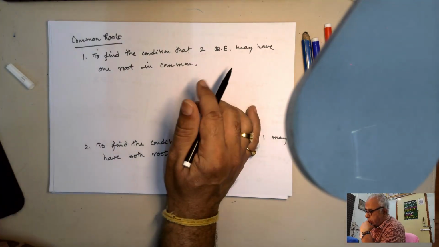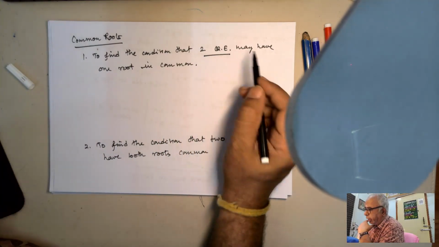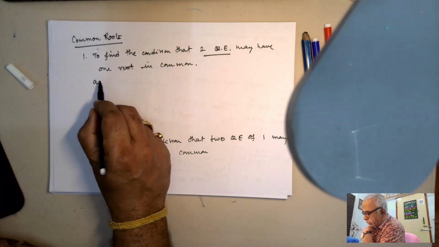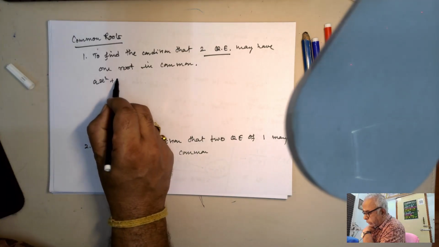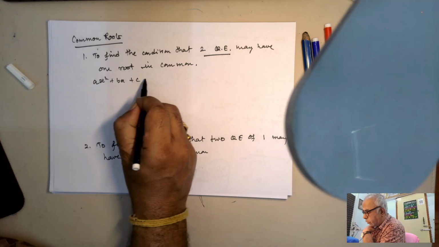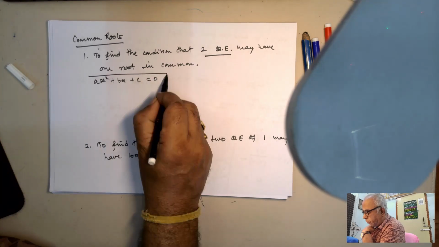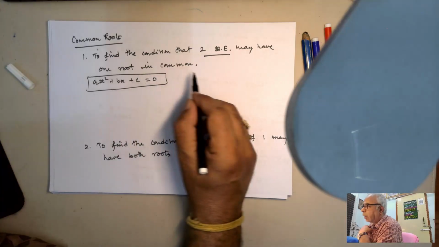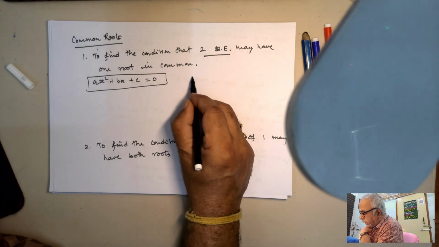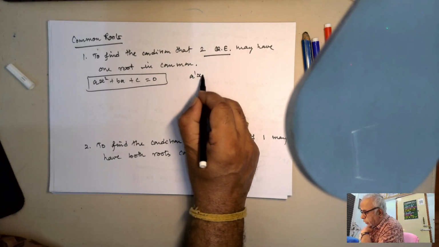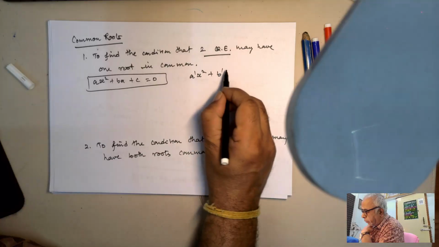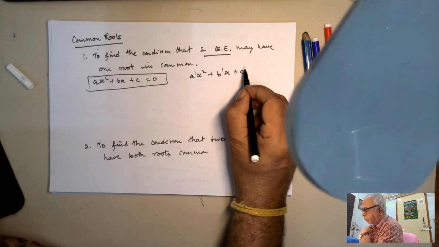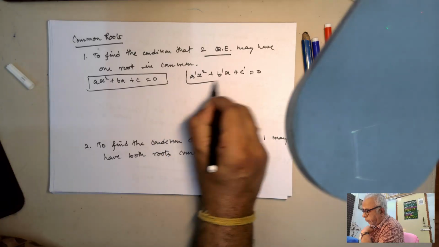Let us consider two quadratic equations. Quadratic equation 1 is represented by ax squared plus bx plus c is equal to 0. Another quadratic equation, let it be distinguished by a prime x squared plus b prime x plus c prime is equal to 0.